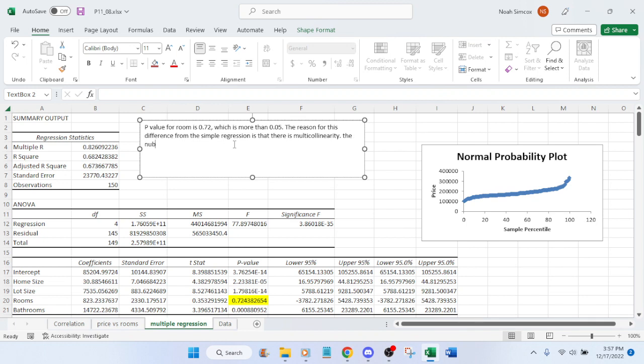The number of rooms is highly correlated with the size of the house. So this results in redundancy. Multiple regression, I guess. I don't know.